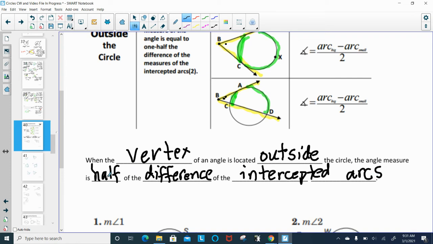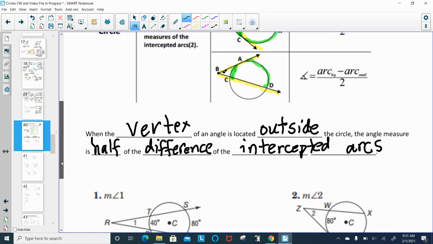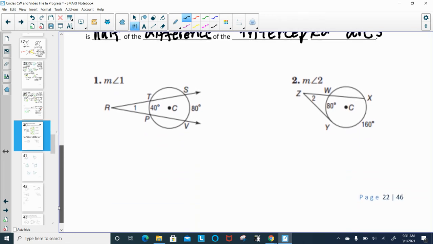Okay, so sort of sloppy, sorry for my writing there. So let's look at a couple of examples, and then we'll come back together and we'll work some.